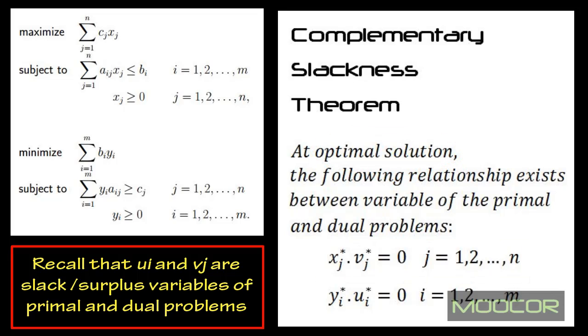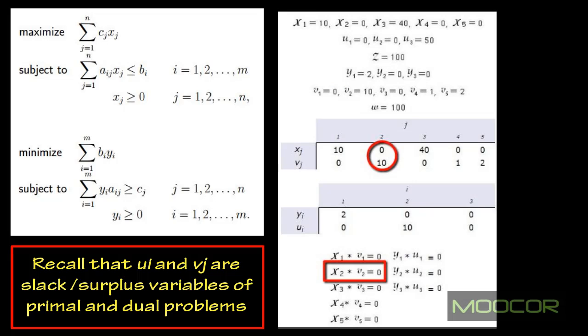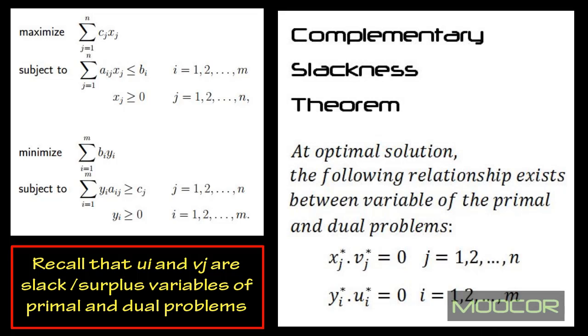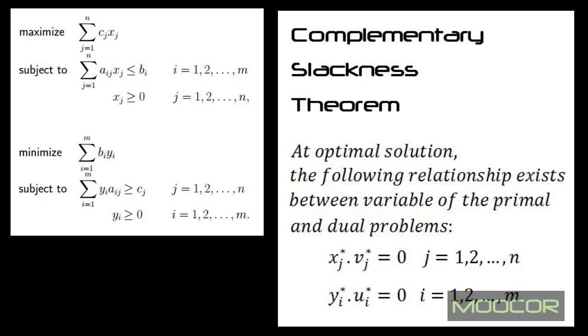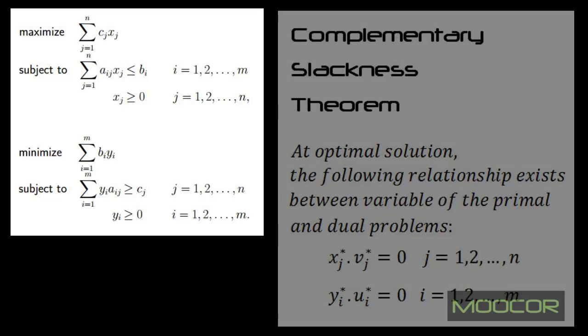Again, this was demonstrated in the sample example that we did. X2 times v2 is actually going to be 0 times 10, equal to 0. Again, very significant conditions, and it has wide application in the theory of duality. A lot of important conclusions can be made from this concept.